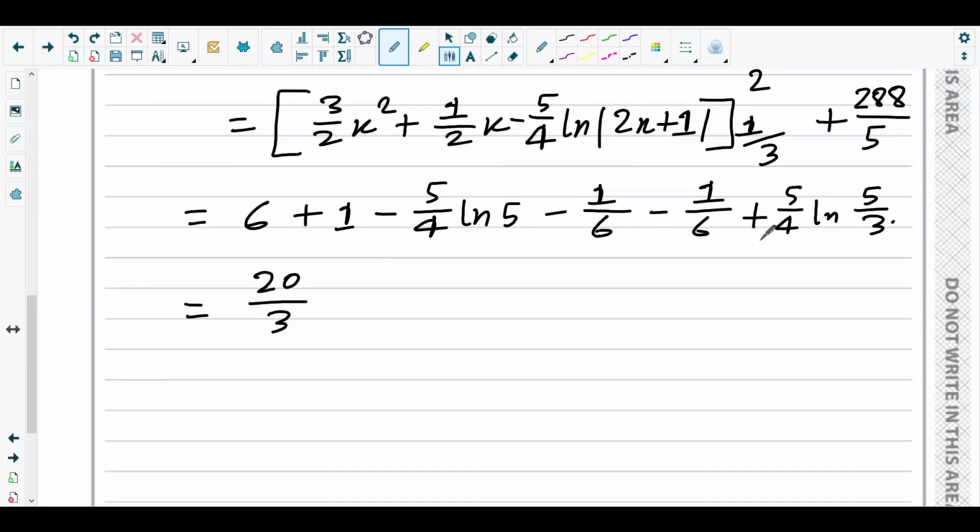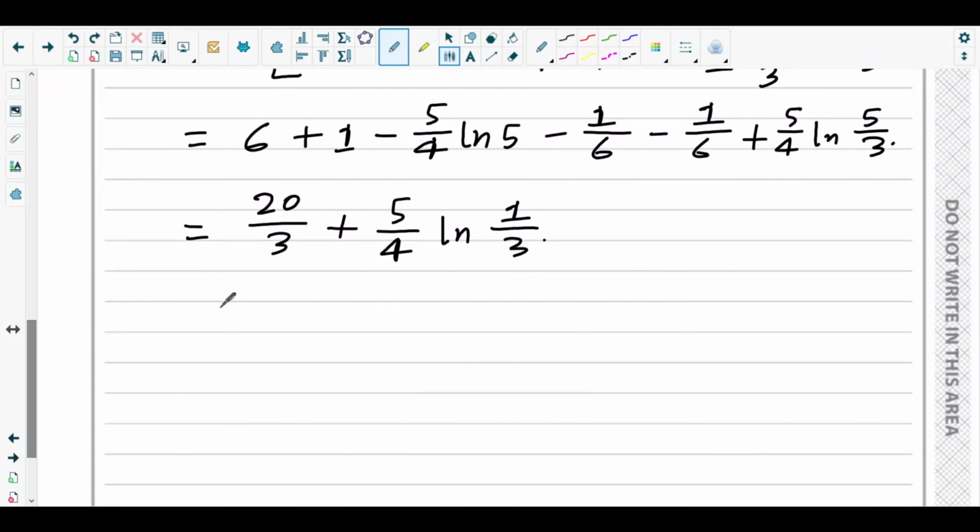Then we can take 5 over 4 common since both are ln, and then ln of 5 over 3 over 5; 5 over 3 over 5 is 1/3, right? So ln 1/3, and 1/3 can be written as 3 inverse, right? So 20 over 3 minus 5 over 4 ln 3.